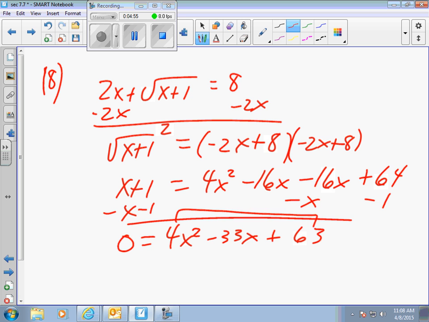All right, so the next thing that we have to do is I take 63 times 4, which gives me 252. So I'm looking for factors of 252 that add up to negative 33. Very difficult. Why don't I see if I can come up with that?